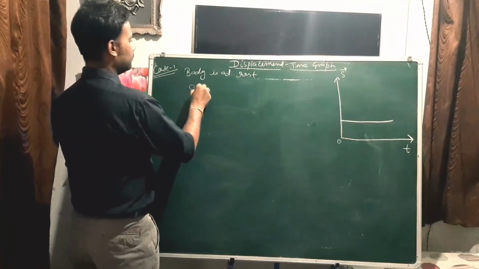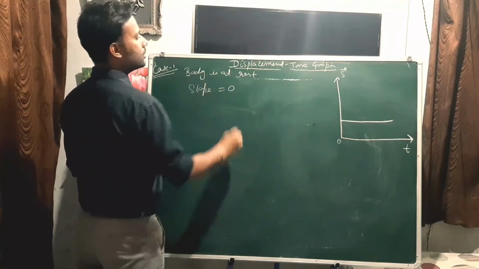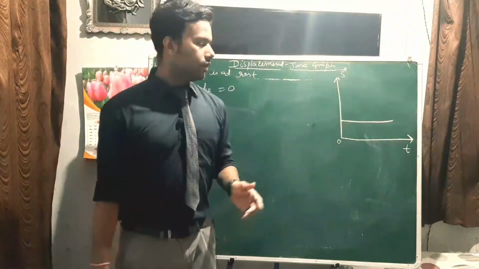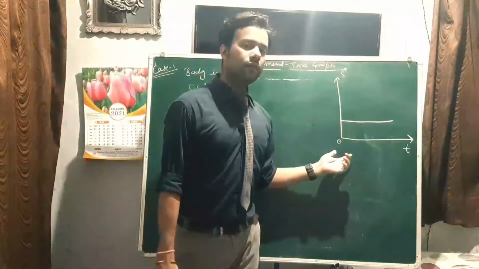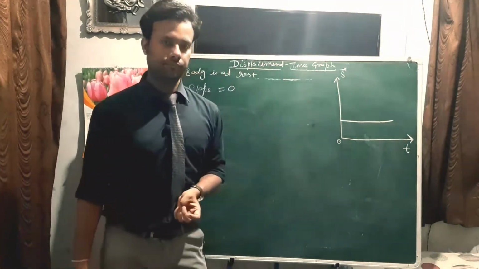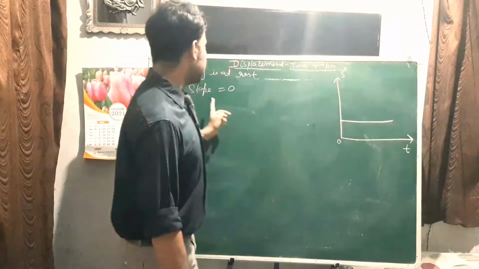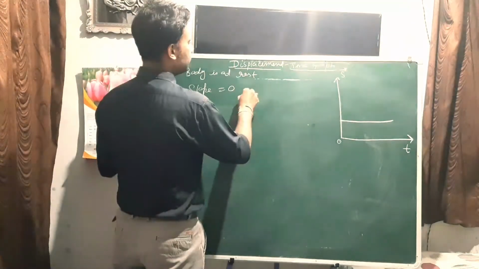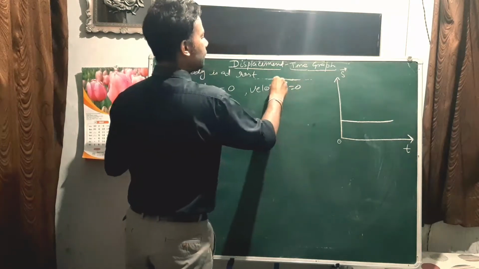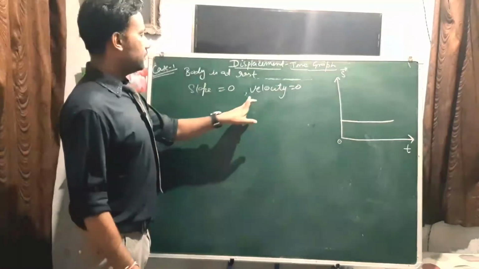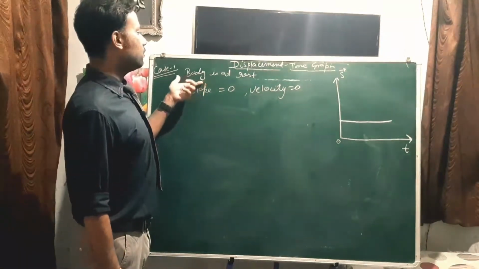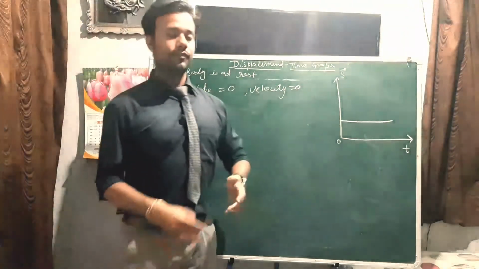Here, the slope is 0. Why? What is slope? Slope is del y by del x. We can find the value of del x here, but you can't find a value of del y here because y is not changing. That's why the slope is 0, and slope 0 means velocity is 0. It satisfies the case in which the body is at rest.